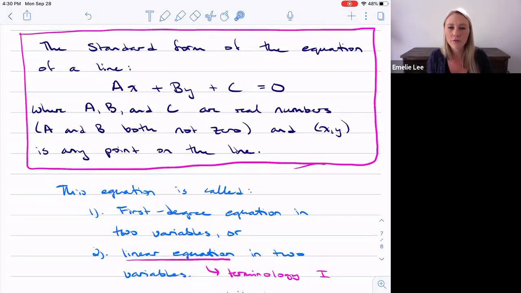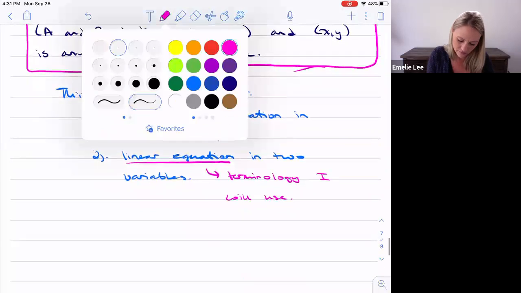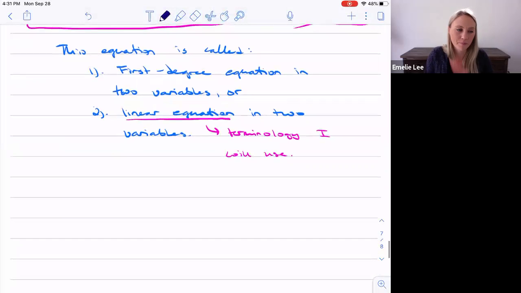But you might be more familiar with the point slope form, or the slope-intercept form. Sorry, that's a different form.